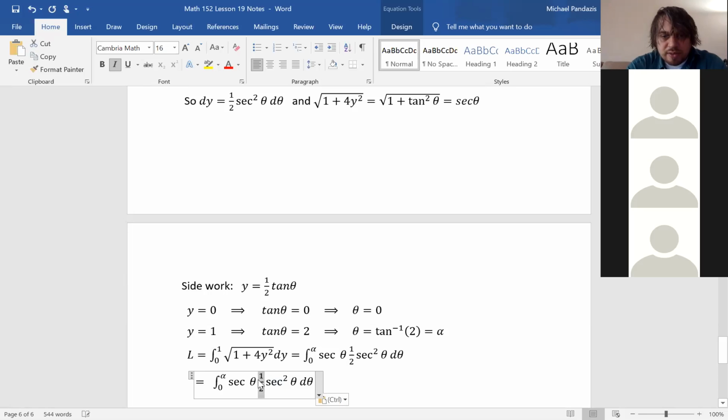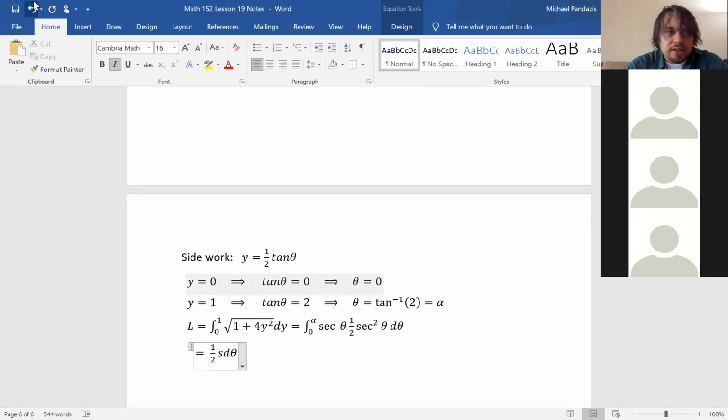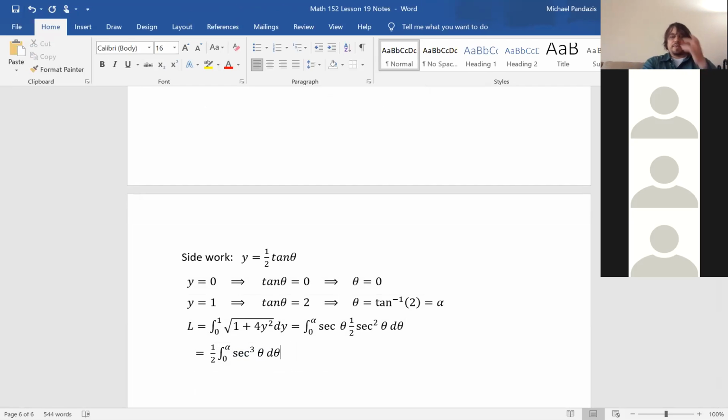So you have 1/2 here, and secant theta times secant squared theta makes this secant cubed theta d theta. That's 1/2 times the definite integral from 0 to alpha of secant cubed theta d theta.